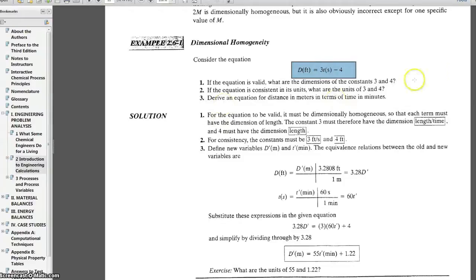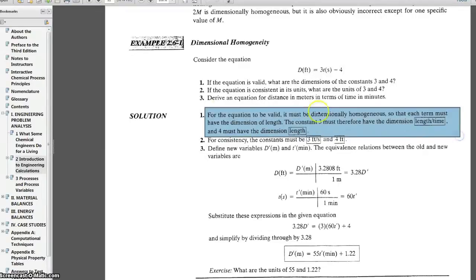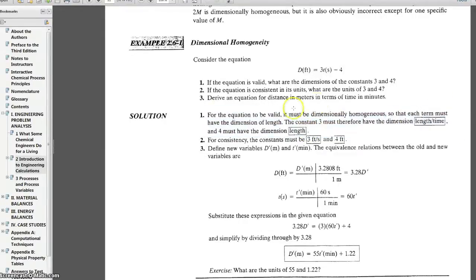You can see in the solution here, the constant 3 must therefore have the dimension of length over time, multiplied by time itself. The time will cancel out, leaving the length only.